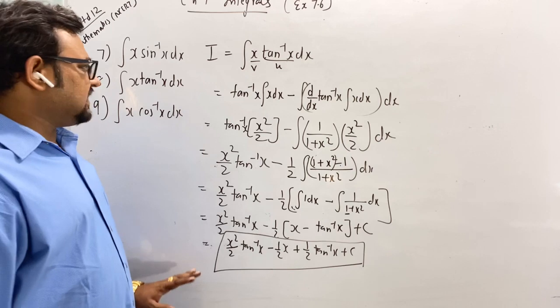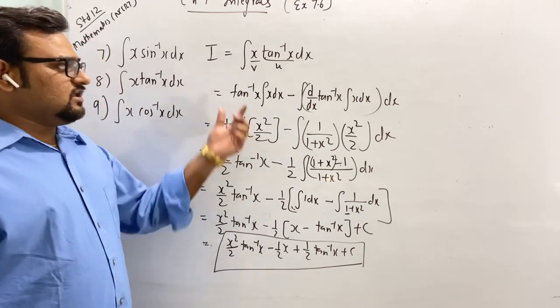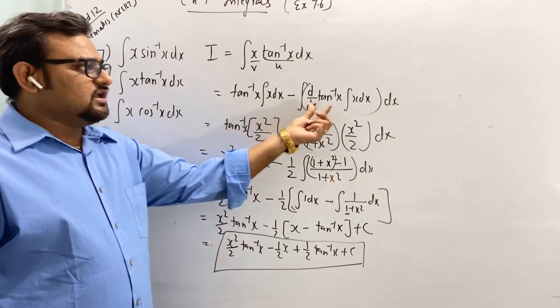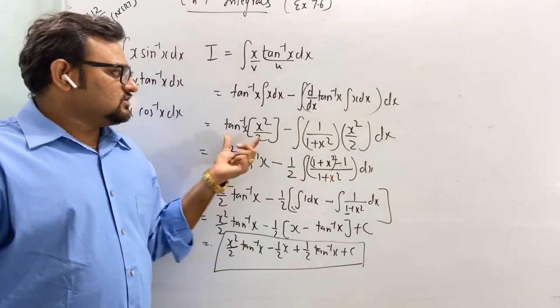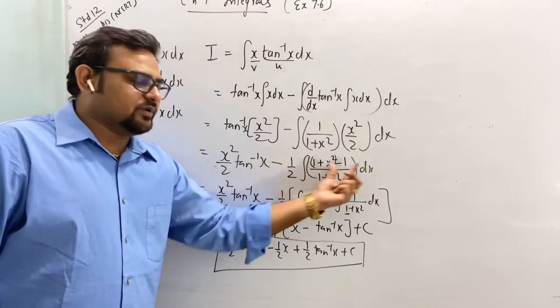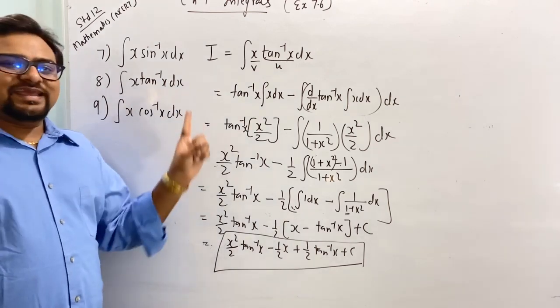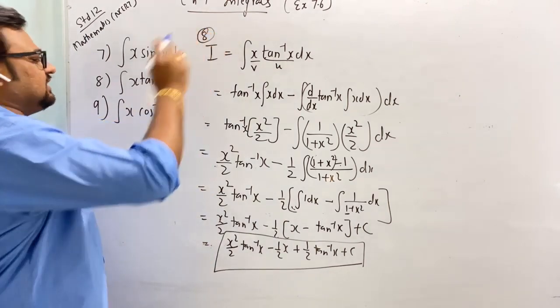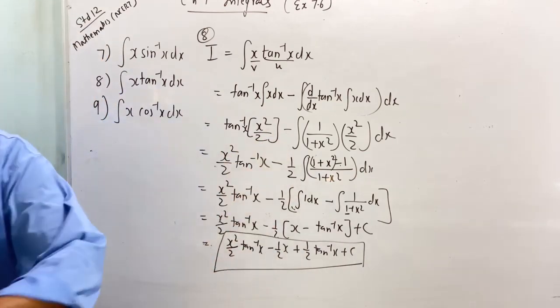So this was quite a simple sum compared to sine inverse x. I'm repeating: u as it is, integration of v, minus integration of derivative of u, integration of v. Solving it, we have rearranged the numerator here. So just go through question number 8. And ninth, you have to do by yourself. So go through this.